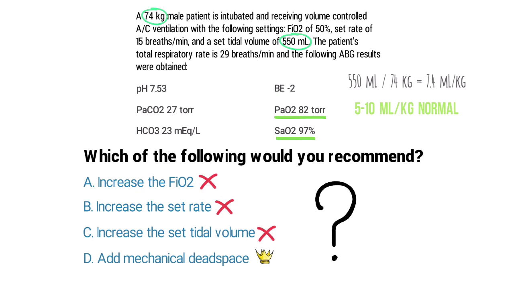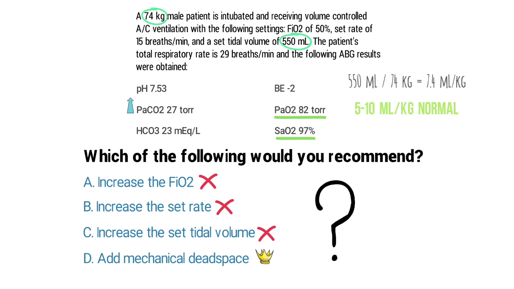Adding mechanical dead space to the circuit is a method for treating hyperventilation. It works because the patient will essentially rebreathe the gas from their anatomic dead space, which will in turn increase the PaCO2 level. So for the TMC exam, please remember that if a patient is hyperventilating and has a decreased PaCO2, you should try to decrease the minute ventilation by either decreasing the rate or decreasing the tidal volume.